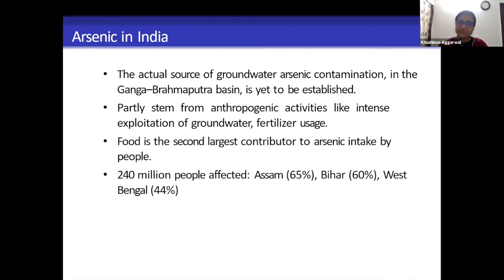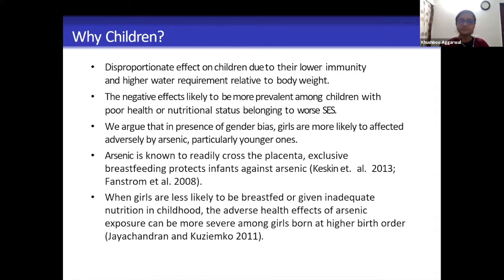Apart from drinking water, food is the other channel that leads to arsenic intake by the human body. Arsenic in India has affected millions of lives, but the majority of arsenic-affected patients are in areas like Assam, Bihar, and West Bengal.